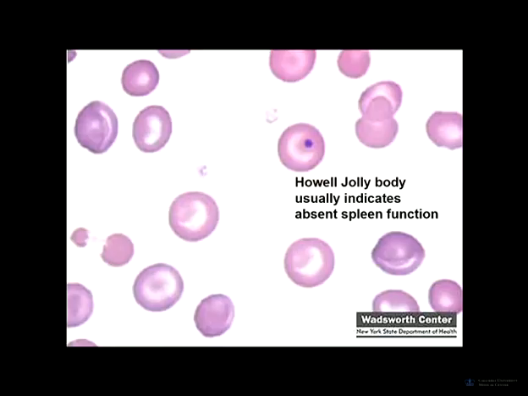So even by 6 weeks of age, you can lose splenic function if you have sickle cell disease. This is one of the reasons that sickle cell disease is screened for in the newborn screen. You want to know as early as possible whether the child has sickle cell disease so you can start to intervene.